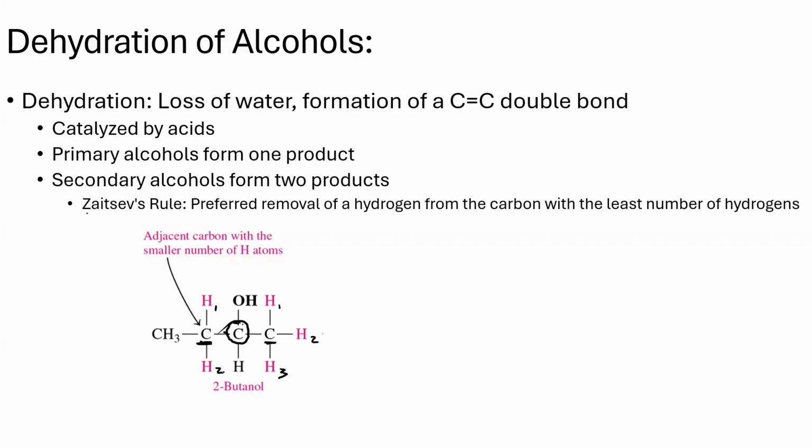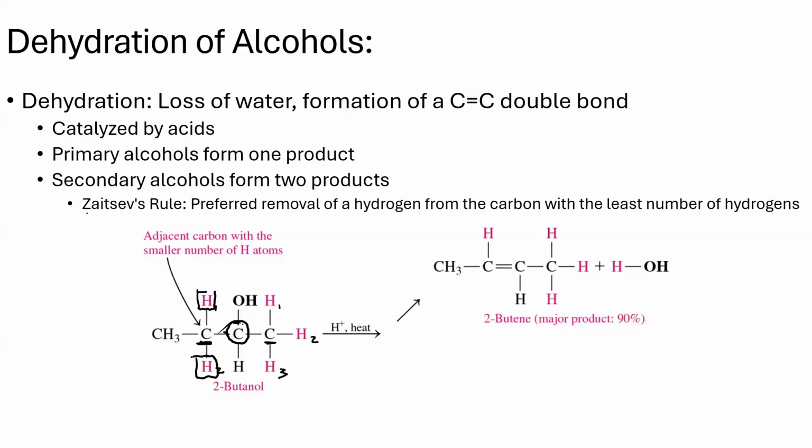If we're following Zaitsev's rule, we add acid, we add heat, and the dehydration reaction is going to prefer to remove the hydrogen from the carbon with the least number of hydrogens. So it would prefer to remove one of these hydrogens and give you this product, 2-butene.